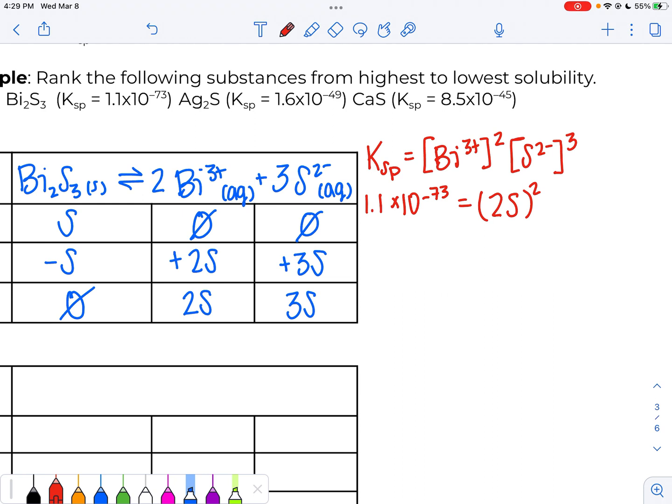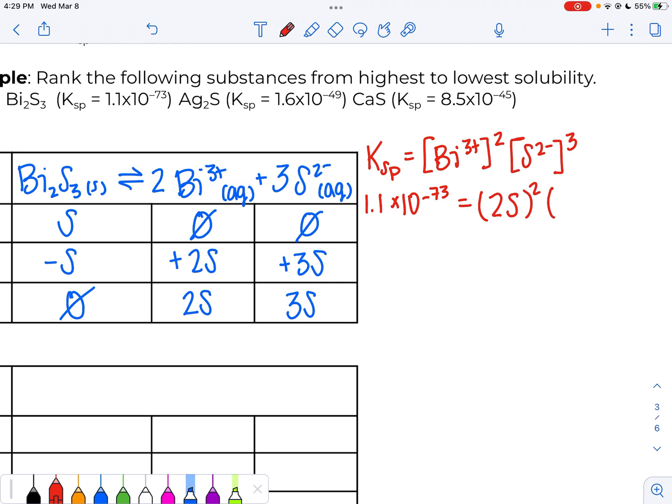Remember that the law of mass action, when we first learned about equilibrium constants, told us that by definition, whatever you have as a coefficient, you're going to bring up as a power in the equilibrium constant expressions. And the exact same thing is true here. So our solubility is equal to 2 times S based on the stoichiometric coefficients, but you still have to square it because of the definition of law of mass action.